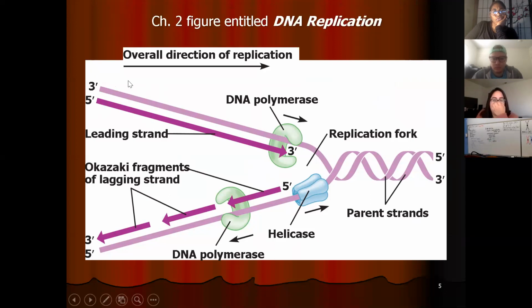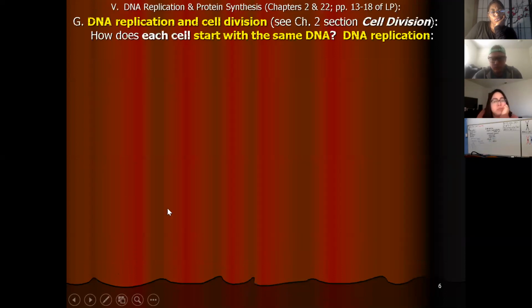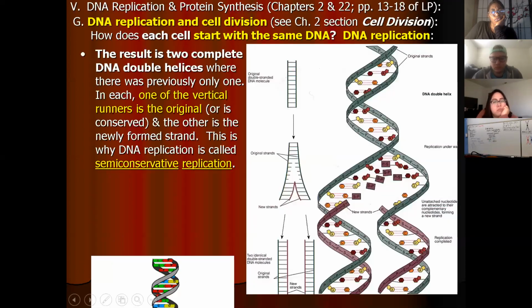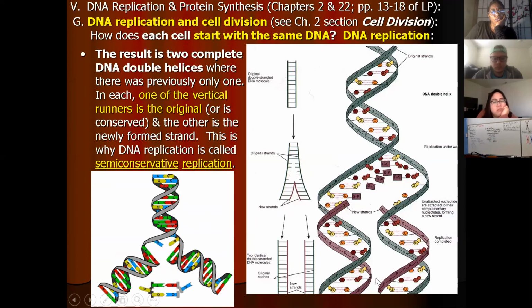Each is half pale, half dark purple. Each daughter double helix, the product of DNA replication, is half gray, the original, half new, the purple. Everybody see that? And since replication results in half old, half new, that's why we call it semi-conservative replication.